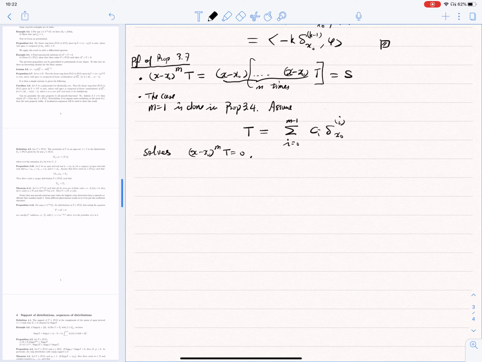We're going to show that the same kind of formula will work for a higher order polynomial, a higher degree polynomial. In other words, we consider this equation, (x minus x naught) to the m plus 1 times t equals 0, which is the same as saying (x minus x naught)^m times (x minus x naught) t equals 0.